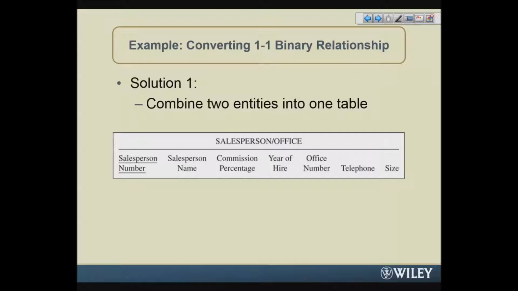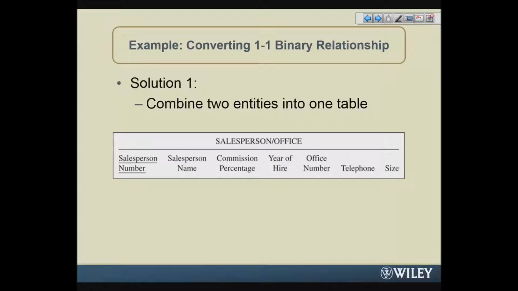So when we read from office to salesperson, we read it that every office belongs to 0, meaning some offices are empty. So belongs to 0 salespersons. That means there are some offices that are not occupied. So in this case, if we combine the two tables, we will have office number 1 that is not linked to any salesperson, and then we will have no value for the salesperson number, no value for the name, and so on.